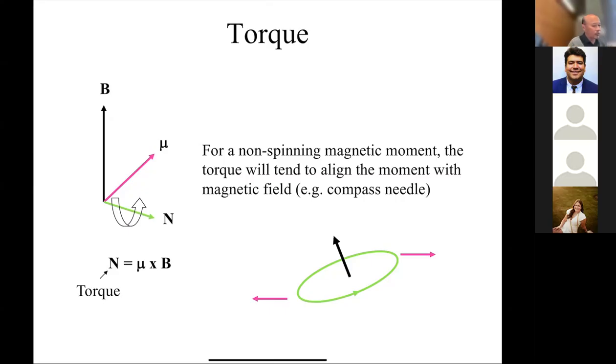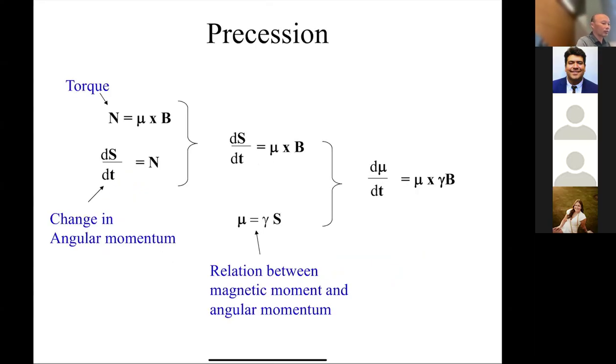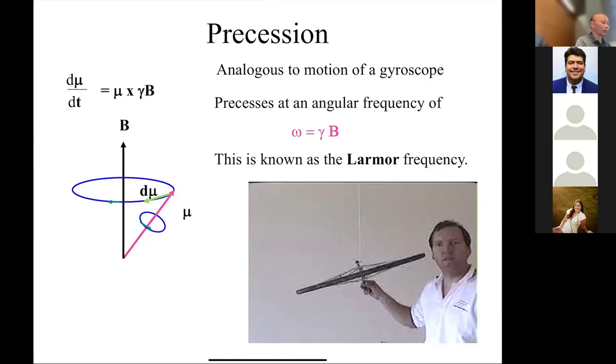So we said if it's non-spinning, then it just aligns. If it is spinning, then we can go through these equations and the magnetic moment is going to follow this equation of motion. Let's look at what that means.